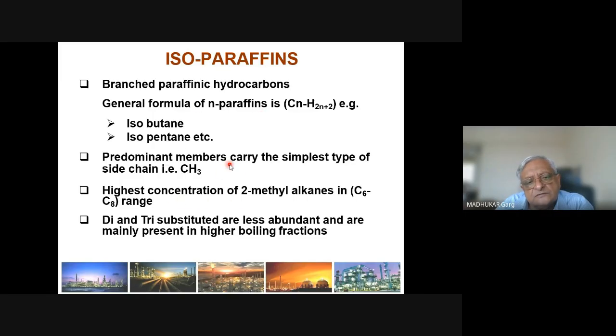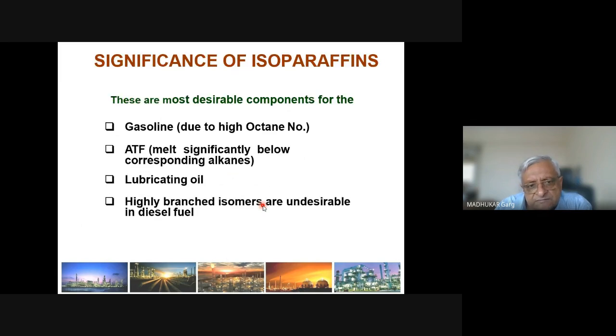There are various kinds of branching. It could be a single branching like 2-methyl alkane, or it could be 2 or 3 branching like 2,3,4 trimethyl pentane and things like that. Generally, you will find that in native crude oil coming from the ground, the double and triple branching is generally present in the higher boiling fractions.